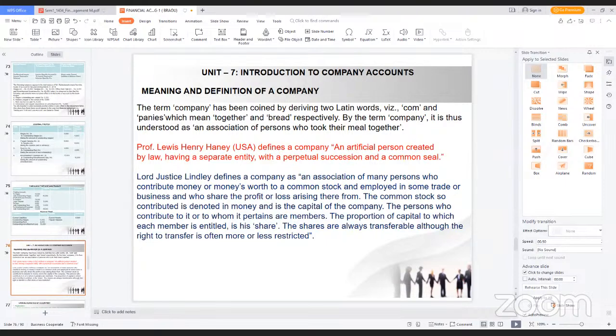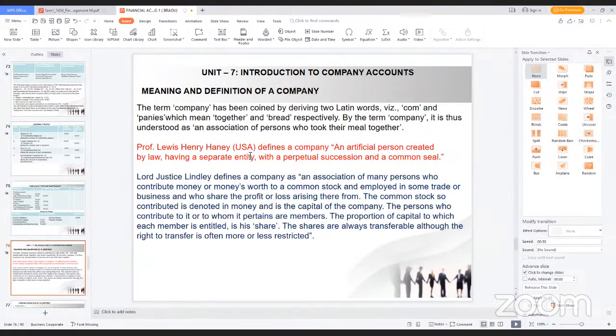And the other, Professor Lewis Henry Haney, from the USA, has given a definition of what a company means. It is an artificial person. It is not the original person.